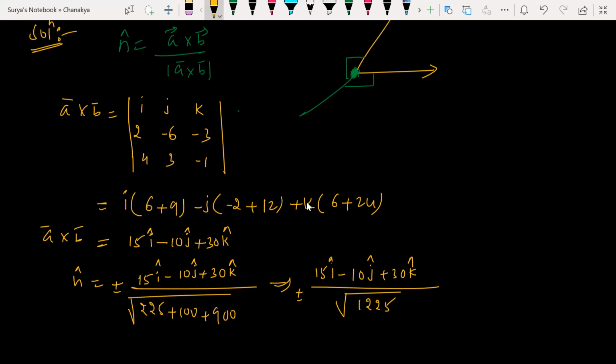Square root of 1225, how much? 3900? Okay, that would give me square root of 1225.